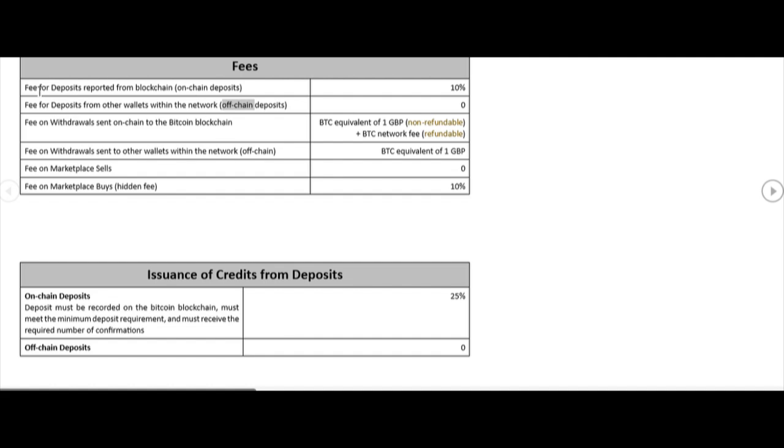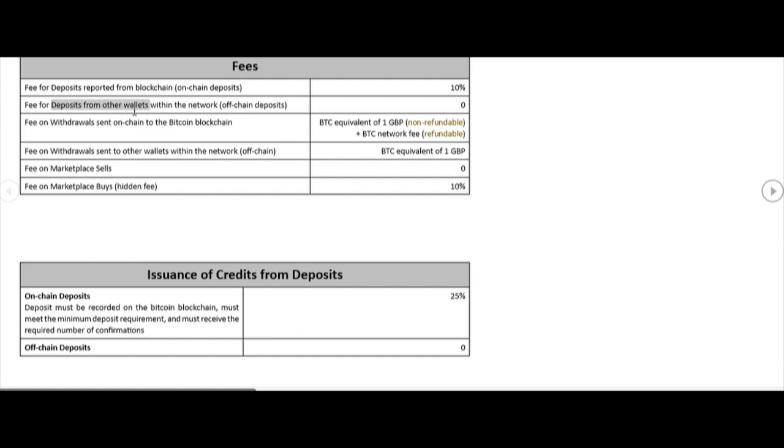All right, so we have fees on deposits from the blockchain. So anytime your wallet receives a deposit from the blockchain that has been reported on the Bitcoin blockchain, there's going to be a 10% fee on that deposit. Okay.